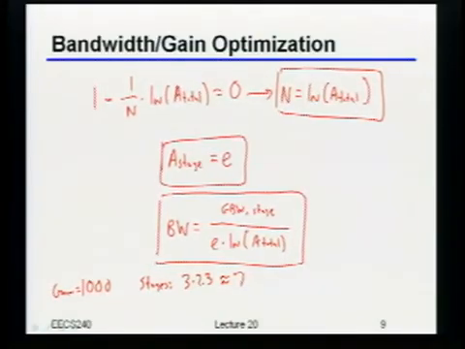Okay, so if I have 7 stages, what would be my bandwidth? And let's just say that for each one of the gain bandwidths of these things, since it's just one stage driving another, this is, for each stage, omega t. Okay? So what would the bandwidth be?